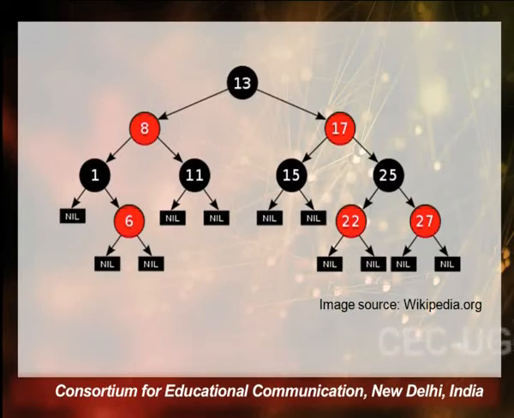This black height is less than or equal to h by 2, where h is the height of the total tree. So these are the properties which we have already studied.